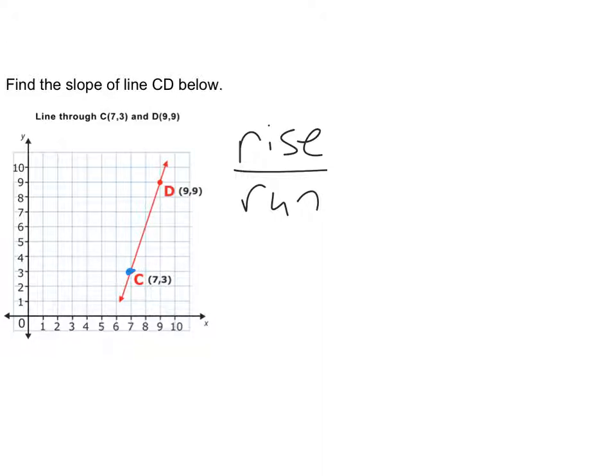And we're going to go to D, either going up or down, and then left or right. Always go up or down first. So from C, we need to go up 1, 2, 3, 4, 5, 6 spots. That means our rise is going to be 6. From there, we need to go to the right 2. That's going to be our run, 2.